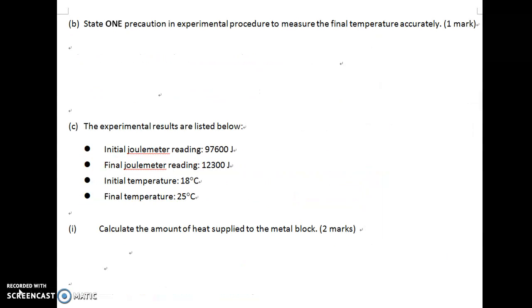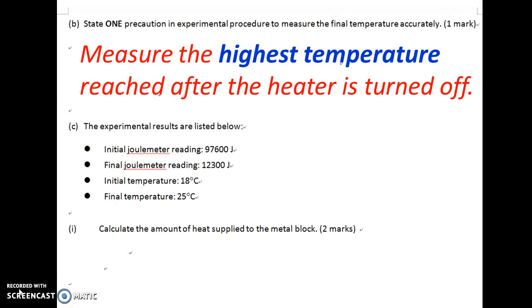Part B. State one precaution in the experimental procedure to measure the final temperature accurately. The correct procedure is to measure the highest temperature after the heater is turned off.